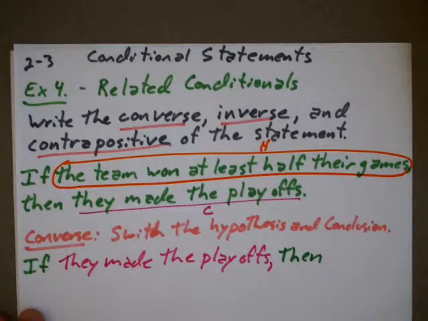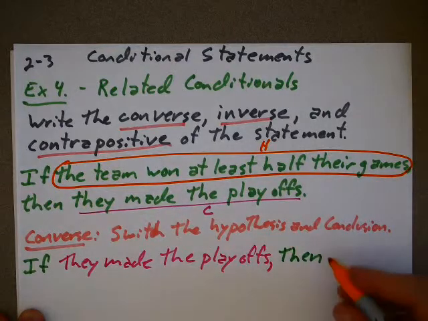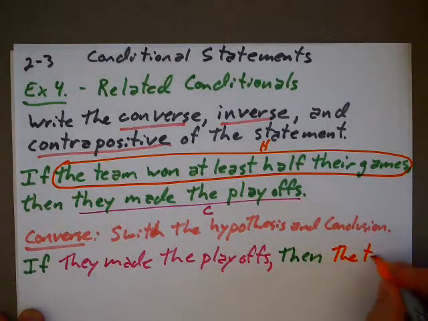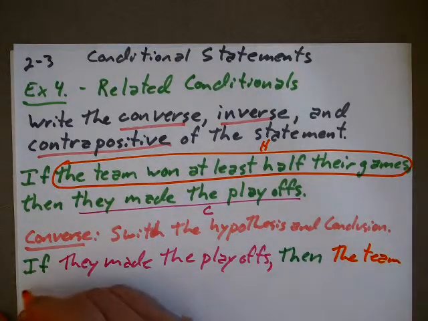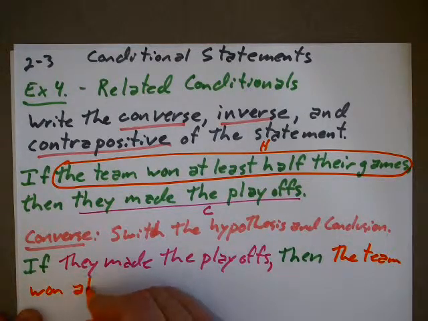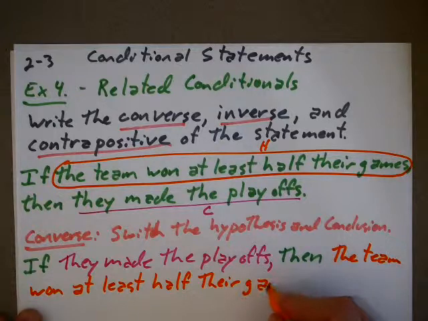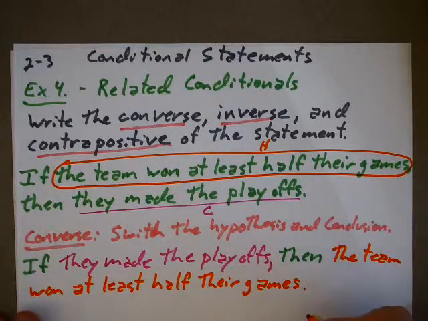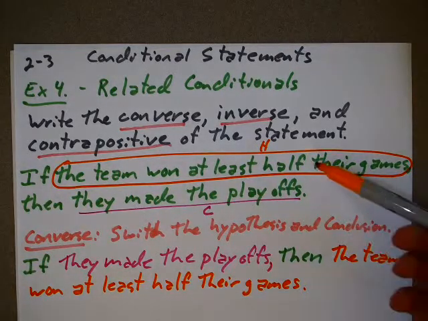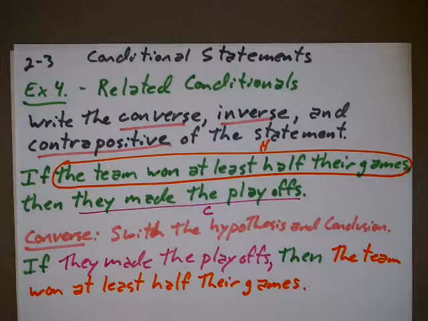And following the then is going to be what the hypothesis was. The team won at least half their games. So to find the converse, all you're going to do is take that hypothesis and switch it with the conclusion.